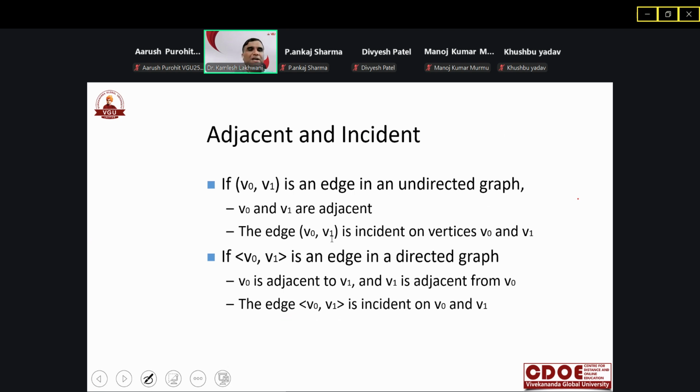Now, what do you mean by adjacent and incident? Try to understand the terminology of the graph.